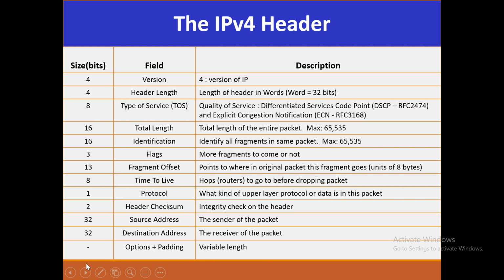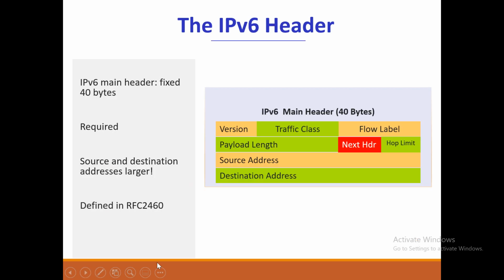And so one of the things is you're probably quite familiar with the IPv4 header. So let's think about what's the same and what's different. Obviously in the main header, the main difference, of course, is that the source address and destination address is quite a bit bigger.